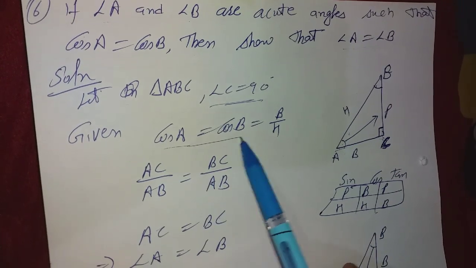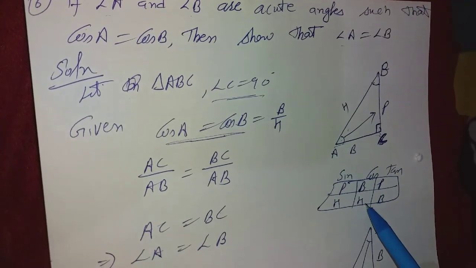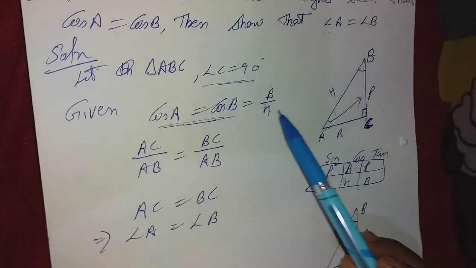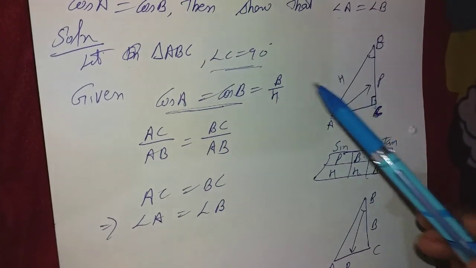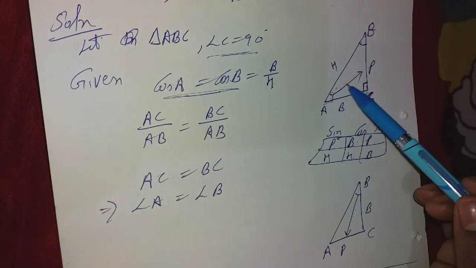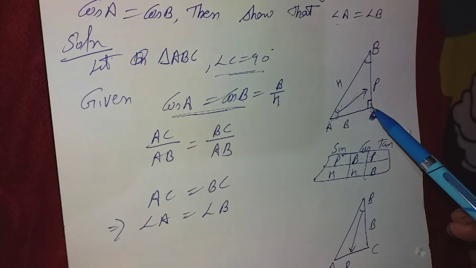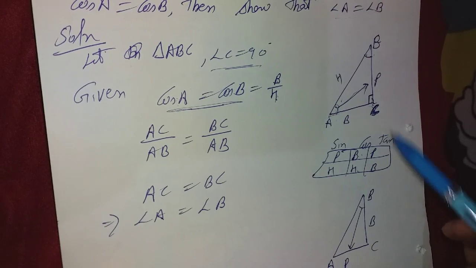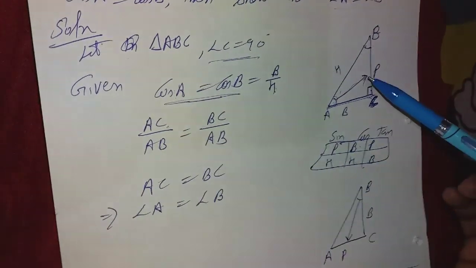Given cos A equals cos B, we know cos is B by H. So B is base, H is hypotenuse. So given here cos A equals base by H. For angle A, the opposite side is BC, and that is perpendicular, and its adjacent side is AC, so that will be base. So base is AC over hypotenuse.